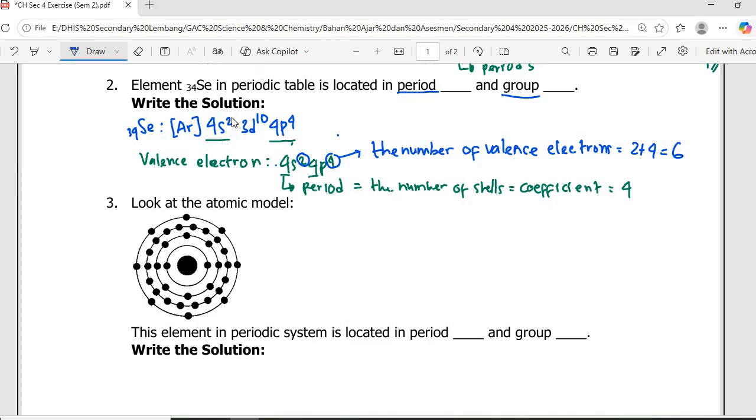So the group is group 6A. So the answer is: the element selenium, Se, in the periodic table is located in period 4 and group 6A. Okay, this is the answer of number 2. So let's move to the next question.